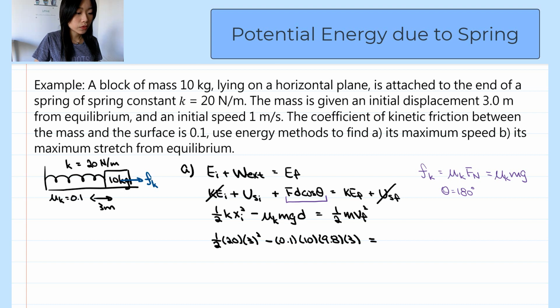And this equals half times the mass times the final speed squared. Then we can isolate for the final speed, which is approximately 3.48 meters per second.